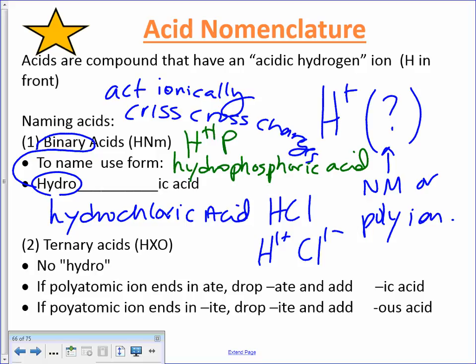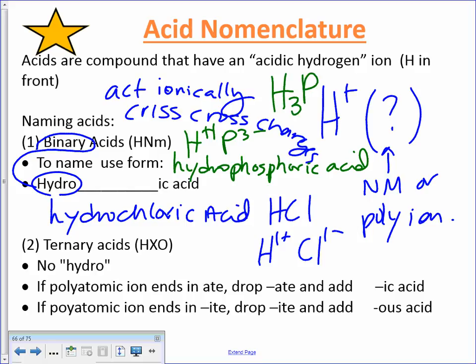P3 minus. It's in group 5A. So phosphorus is in group 5. So 1, 2, 3 bounces over to where it looks like argon's electron configuration. So it gains 3 electrons, so it gets a -3 charge. So crisscross, what do you get for its full formula?